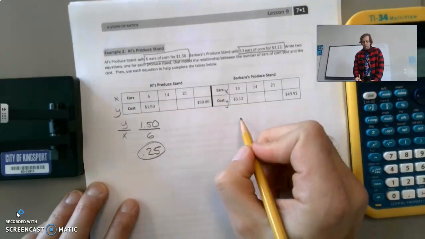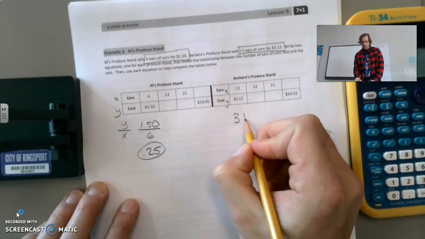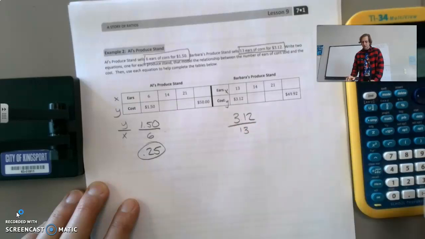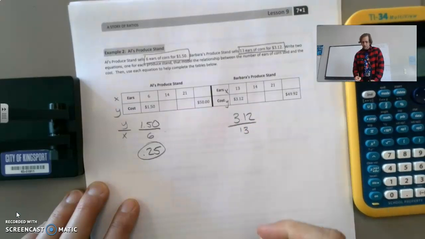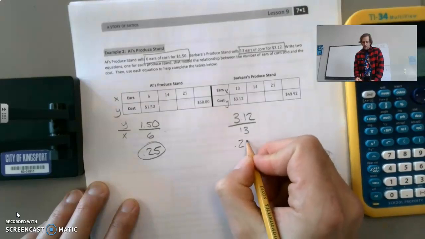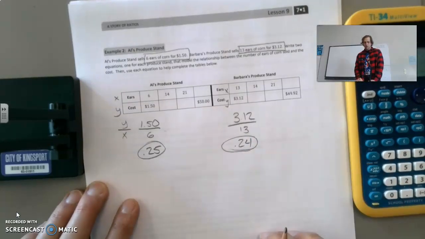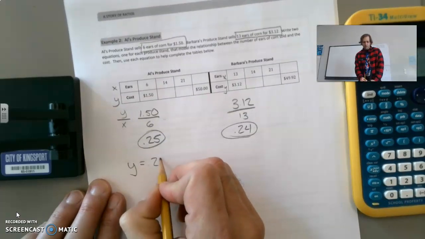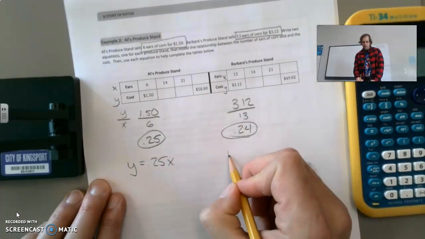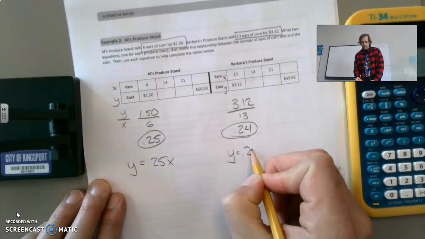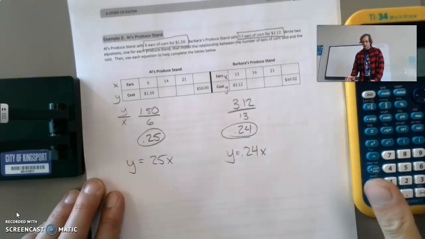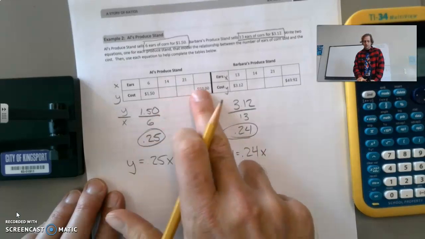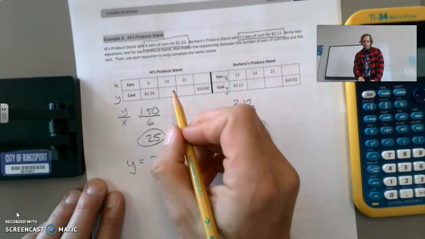Now on this one, I have $3.12 divided by 13, and that is 24 cents per ear of corn. Now here are my equations: Y equals 0.25x, and Y equals 0.24x.